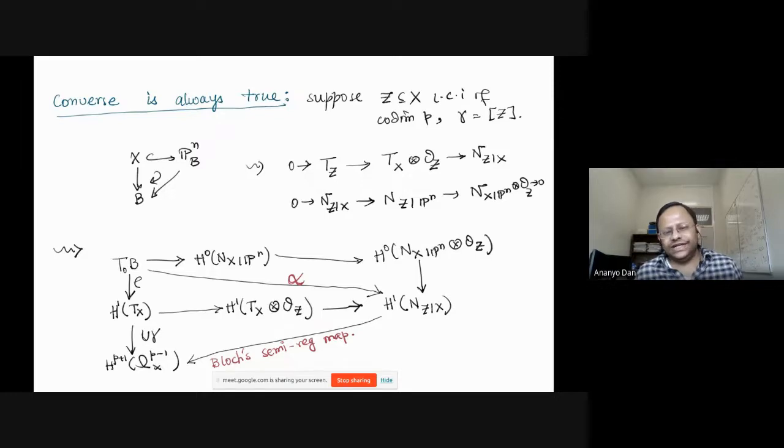On the right hand side, this is also a sheaf cohomology, which is also a complex vector space. So alpha is just a map of complex vector spaces.